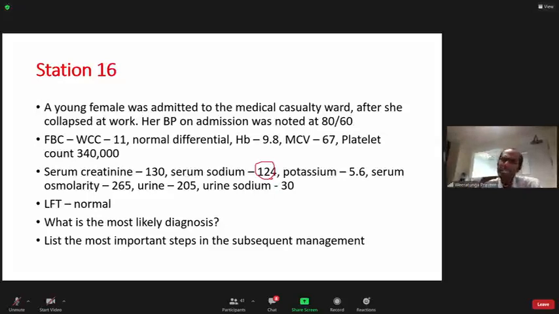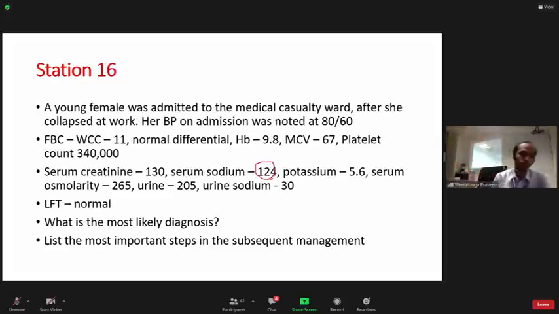I'll just very simply explain hyponatremia. Very, very simply. Hyponatremia is a very complicated topic, but very simply, if you look at it, there are 3 types of hyponatremia. One, there is hypervolemic hyponatremia.